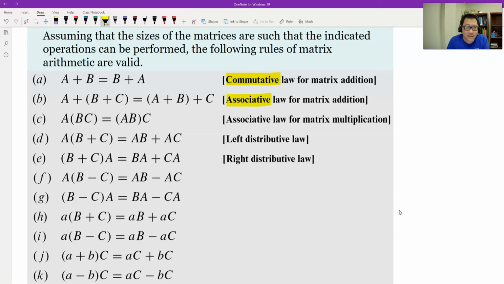And the third is associative, but for matrix multiplication. And then A times (B plus C), we can distribute it, right? So this is a left distribution. Okay, very good property. This is the left distribution or right distribution. Okay, that's their distribution, right? But it also distributes over subtraction.